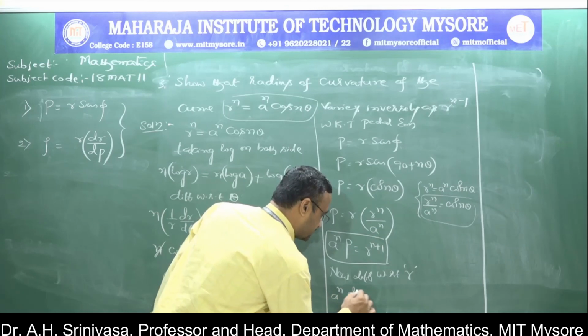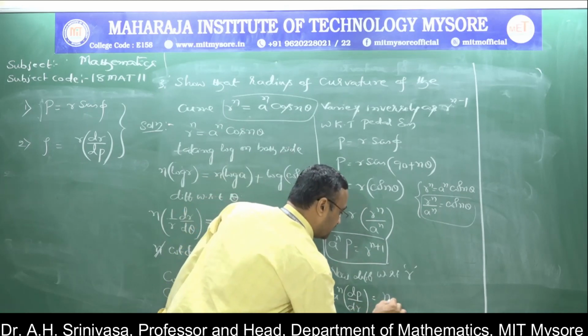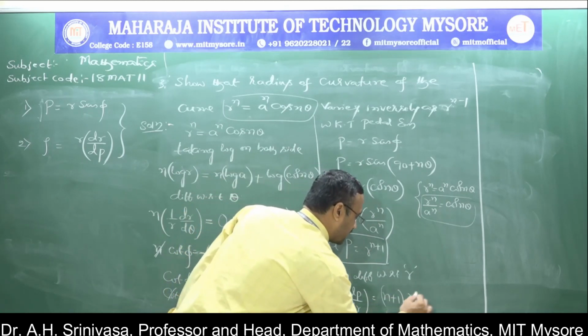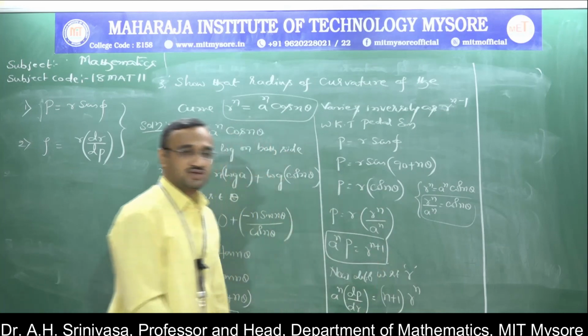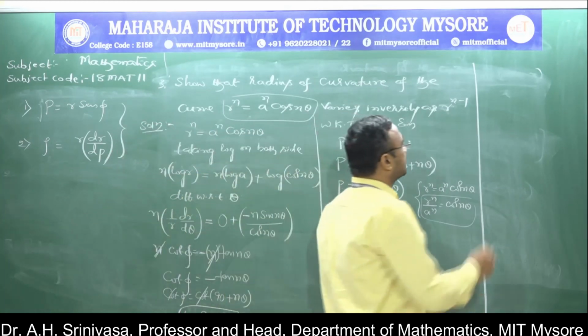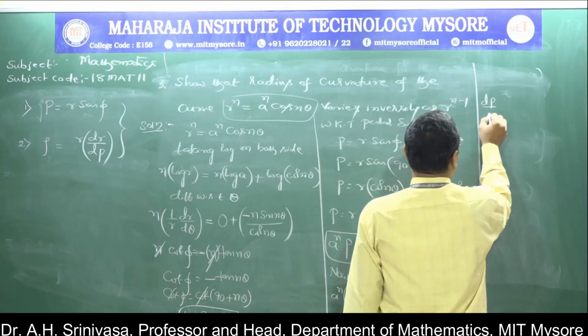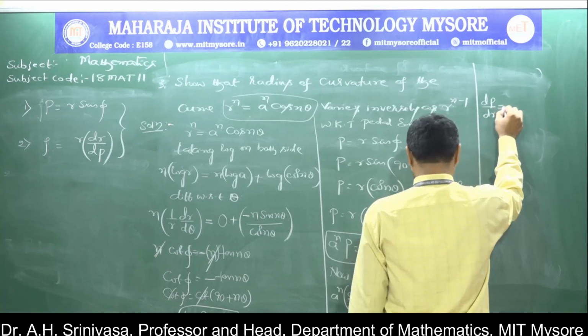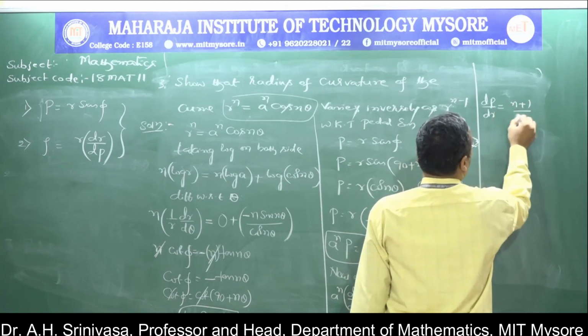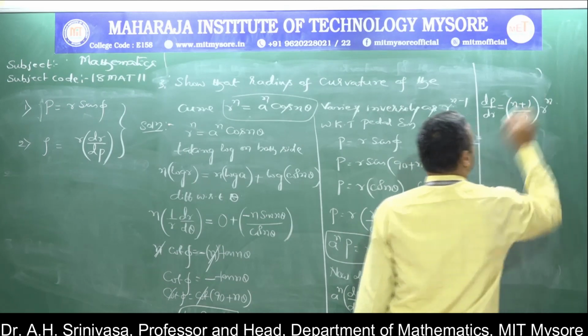Then dp/dr is equal to the differentiation with respect to r, they become (n+1) r^n with the differentiation concept. What we get now: dp/dr equals (n+1)/a^n times r^n.